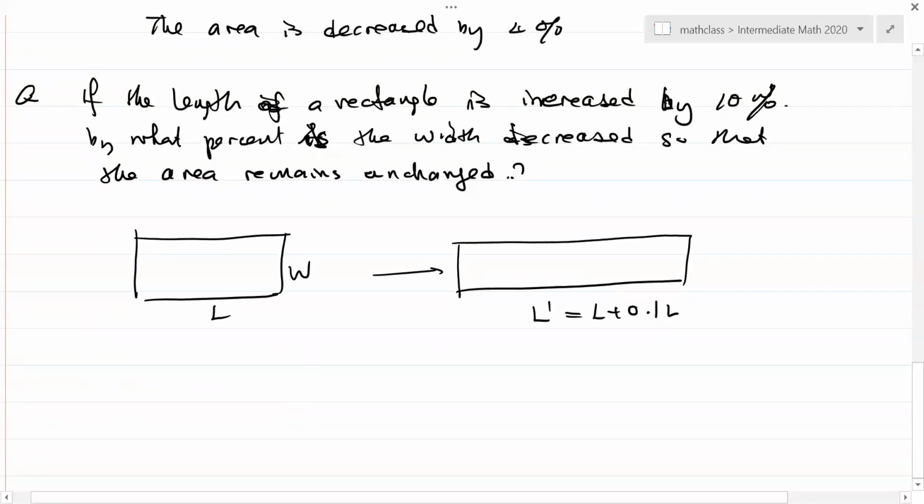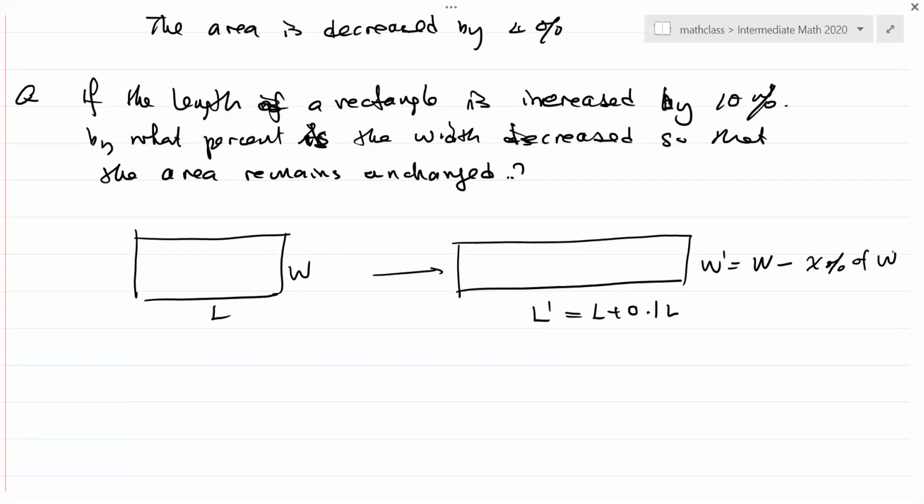Can you do this? Yeah, the width must be decreased. So let's say the original is W minus X percent of W, so decreased by X percent. Let's find the X so that the area remains unchanged.